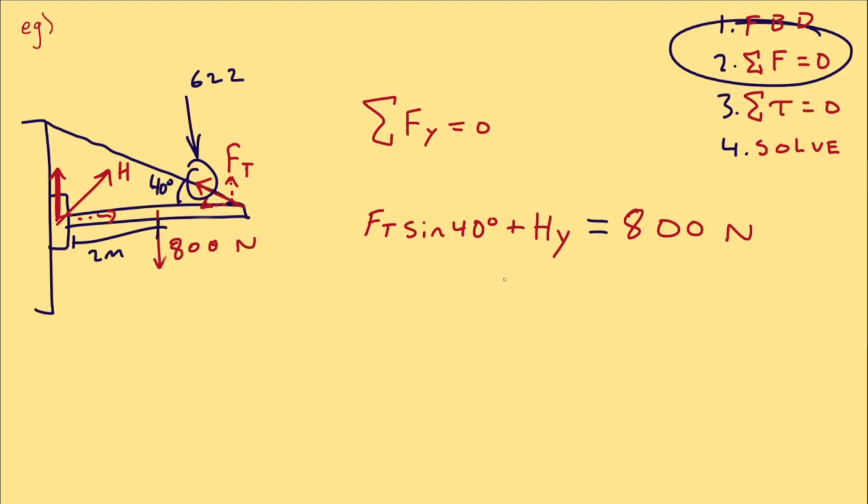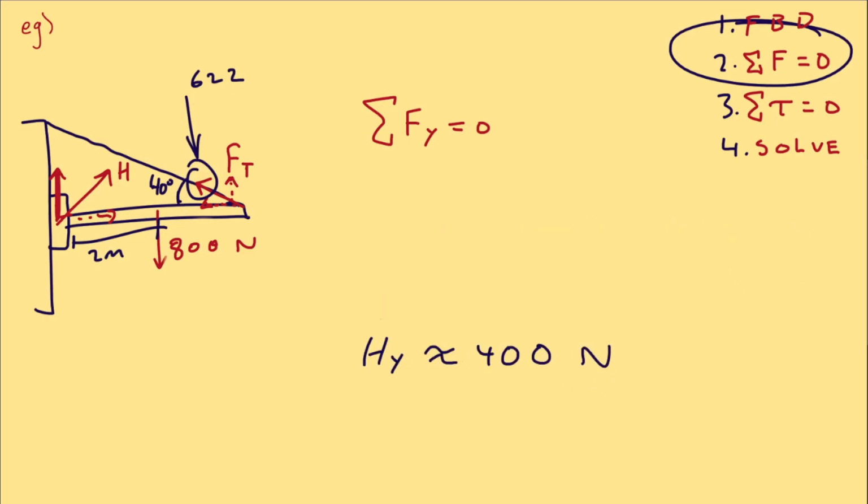Let's solve for that by subtracting both sides by Ft sine 40. Hinge y component equals 800 minus Ft sine 40. And in place of Ft, we can plug in 622 newtons, which we found. The y component of the hinge is roughly 400 newtons. Great, let's label that.